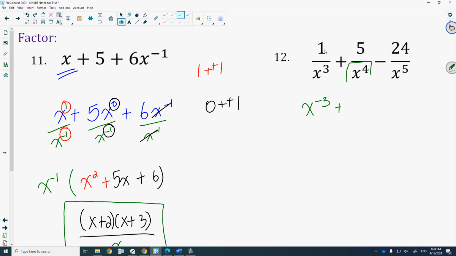Plus, I want to reciprocate this, bring that x up, and it would be to the negative 4. Minus 24, again, reciprocate, and you're going to get x to the negative 5. Now it looks more familiar. So I've got an x in each term, which means I could factor out the x with the smallest exponent, which is going to be the x to the negative 5, sorry.